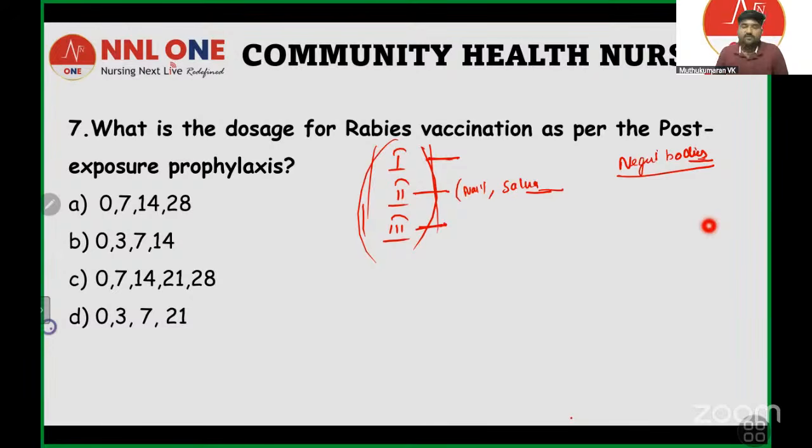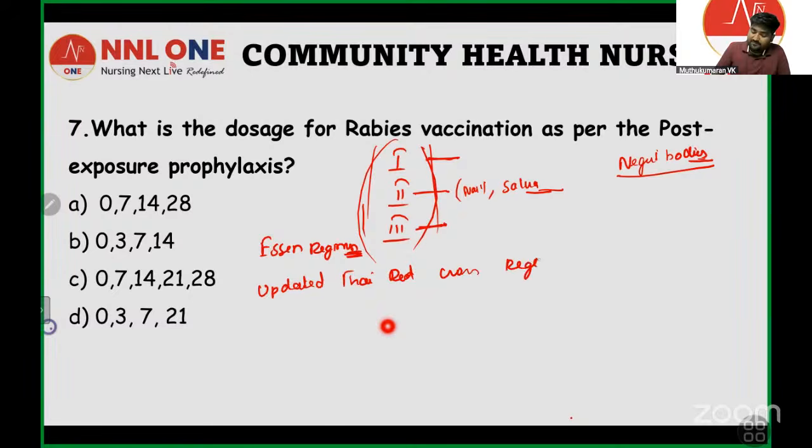In rabies, we have two regimens: the Essen regimen and the updated Thai Red Cross regimen. Which do we follow here? As per the updates, we follow the updated Thai Red Cross regimen in our primary health centers.